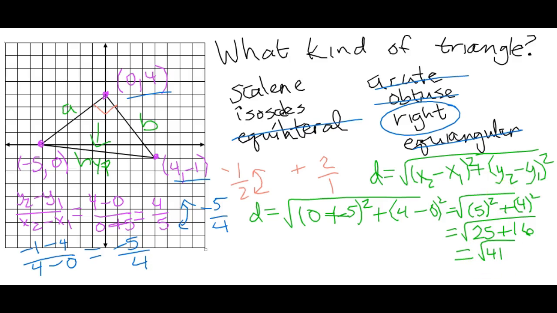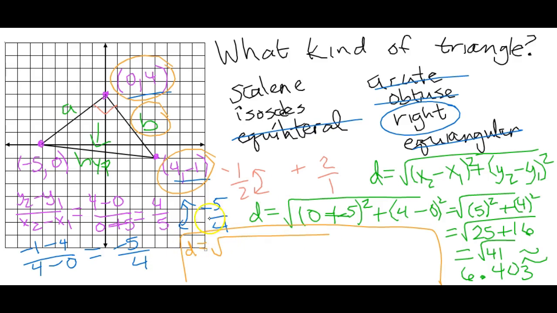The square root of 41 is going to be a weird decimal, so it's approximately 6.403. Now we have to check side B. So the 0, 4 and the 4, -1. Running out of room.